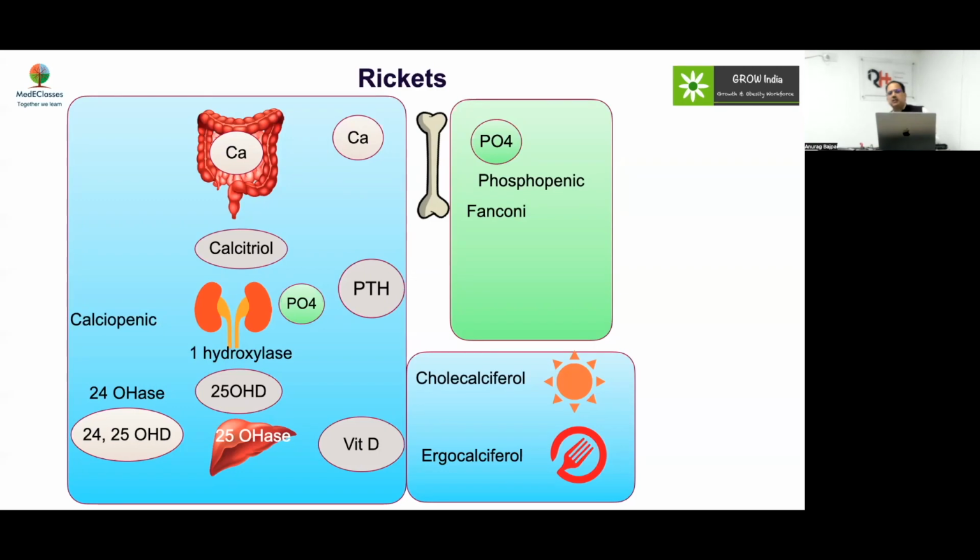So phosphopenic rickets could be part of a generalized tubular dysfunction like Fanconi syndrome, or a specific problem in which the phosphorus losing substances are more in the body, which is the phosphatonins, typically FGF23, which is acting via the hypophosphatemic rickets.